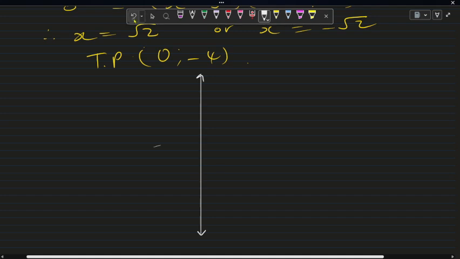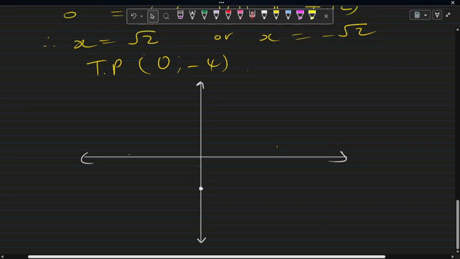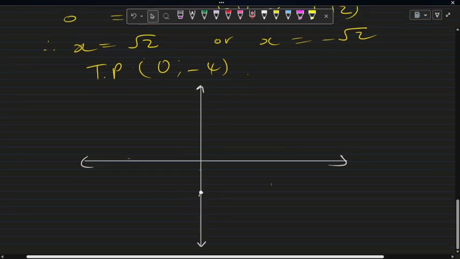This is our y-axis, and then this is our x-axis, and then the coordinates of the turning point is 0 and minus 4. So minus 1, minus 2, minus 3, and minus 4. So it will be there. And then the x-intercepts are at root 2 and minus root 2.